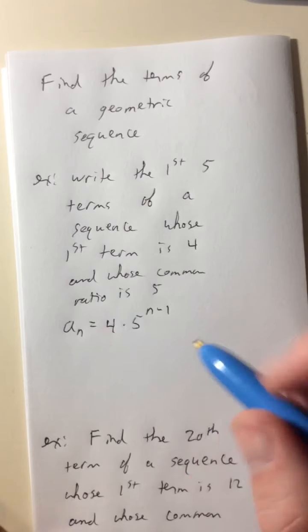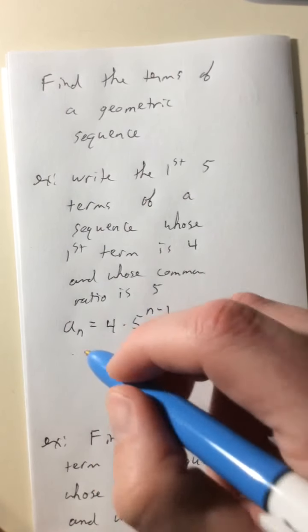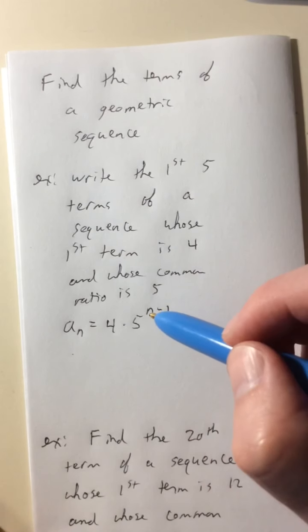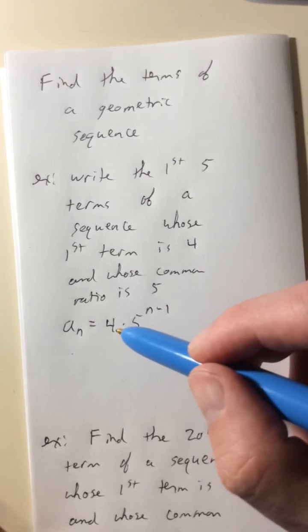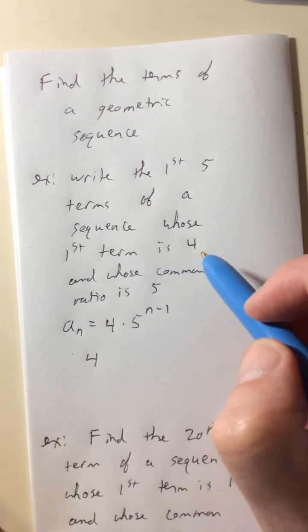Our very first term happens when n is 1. So 1 minus 1 is 0. 5 to the 0 is 1. And 1 times 4 is 4. That's the way it should be because we were told that the first term is 4.